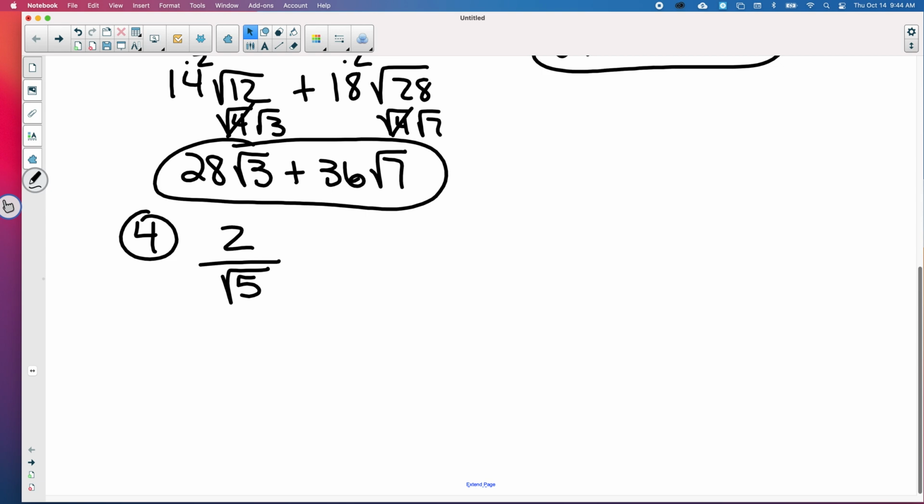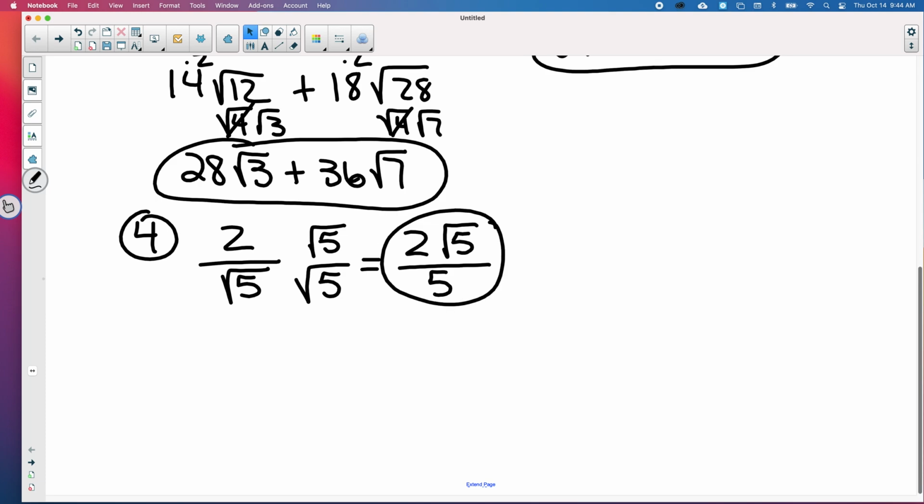Good, so I multiply the top and the bottom by radical 5. So I end up with 2 radical 5. And what's radical 5 times radical 5? 5. Alright, so when you multiply a number times a radical, you just put the number in front of the radical. So it'd have 2 radical 5 over 5.